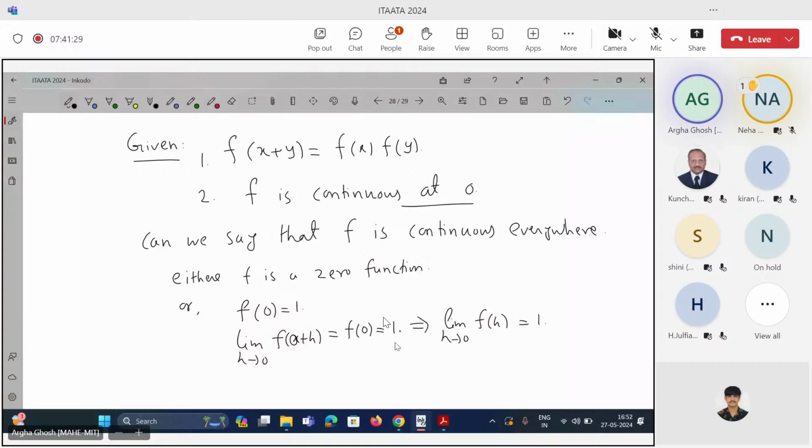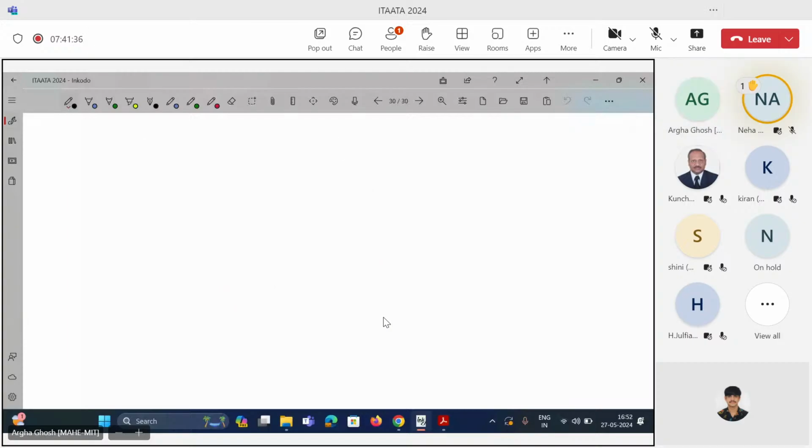If you are not getting it, let me write it down. Question number 9. So suppose, on the contrary, that f of x equals 0 for all x belonging to the rationals.